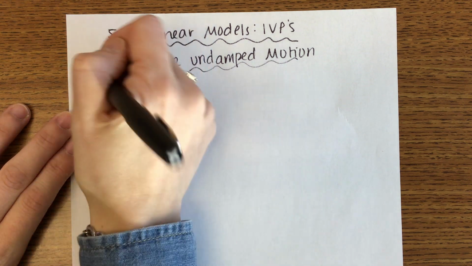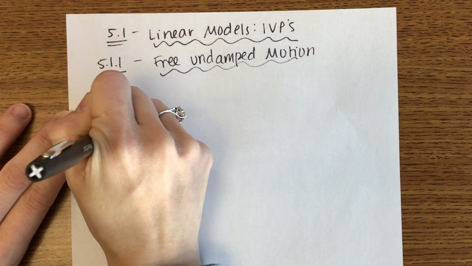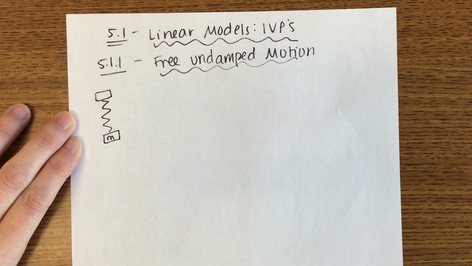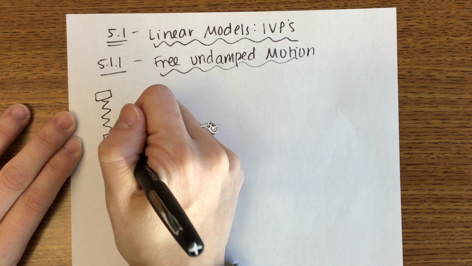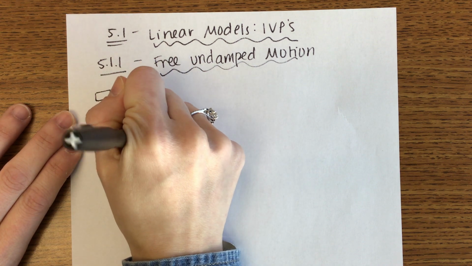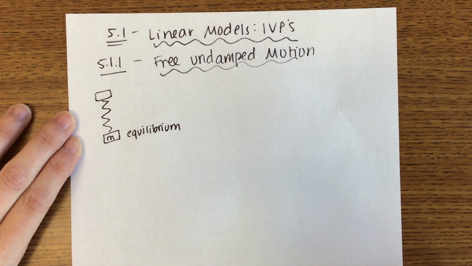Okay, here's what we're looking at. We have some spring that has a mass attached to it. When the mass is just hanging and not moving, we say that the mass is at equilibrium. We're looking at what happens when you pull the mass down or you push it up.